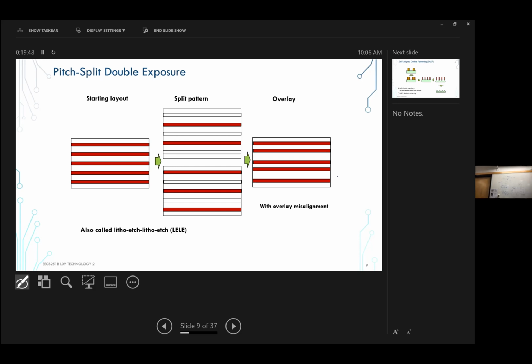What they do is split the mask into odd and even, in a similar way to how they've colored it for phase shifting. So they'll print odd transistors in one pass, then even transistors in the other pass, and put them down together.